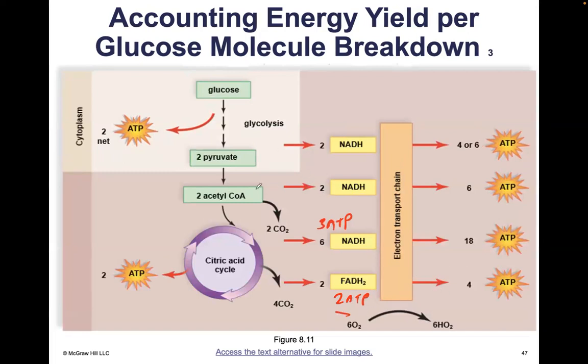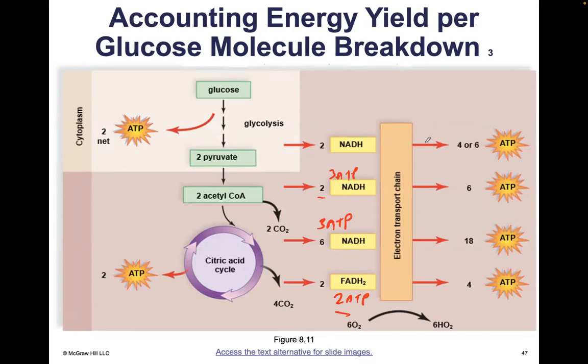Mind you, the procedure before you get to the citric cycle produces only 2 NADH. So just multiply, because every 1 NADH will produce 3 ATPs. That is why you've got 6 here. And 2 NADH here will produce 4 or 6.